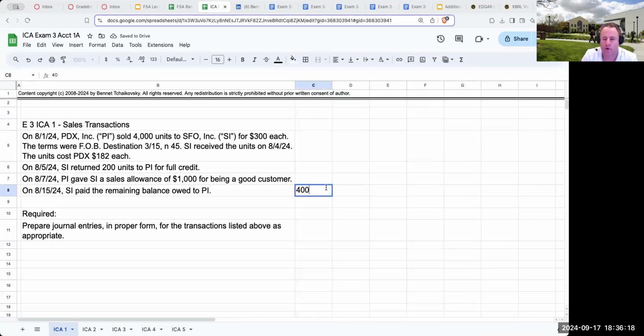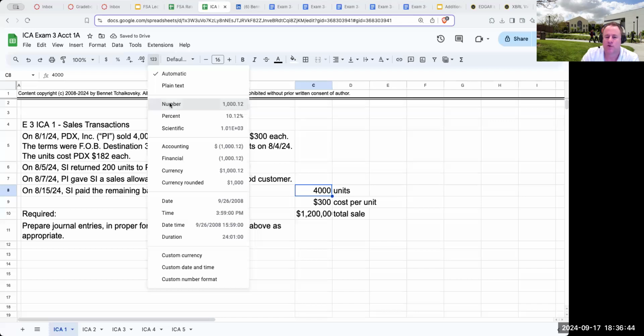So 4,000 units at $300 per unit. My total sale is going to be 4,000 times 300, or roughly $1.2 million.